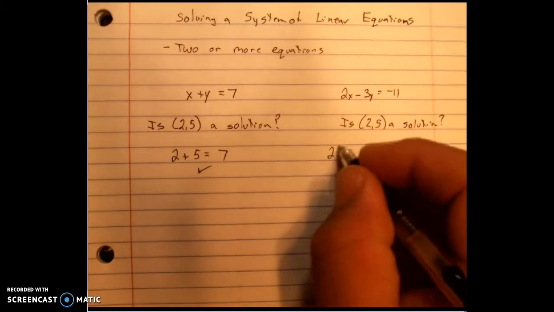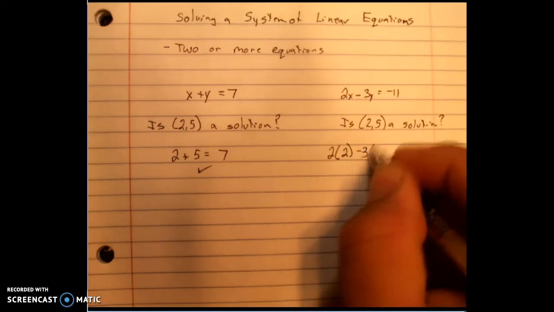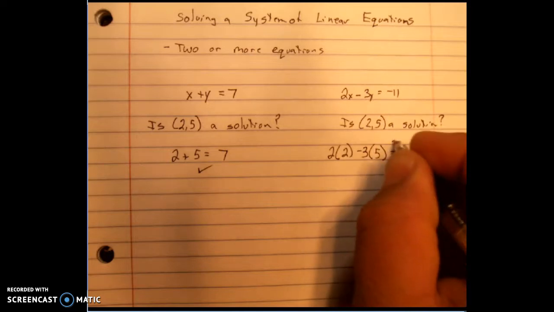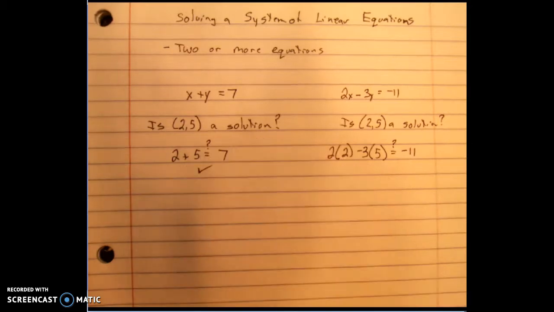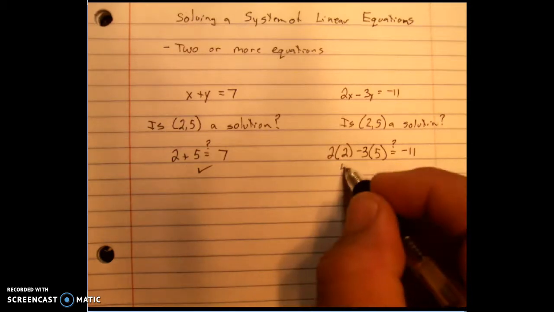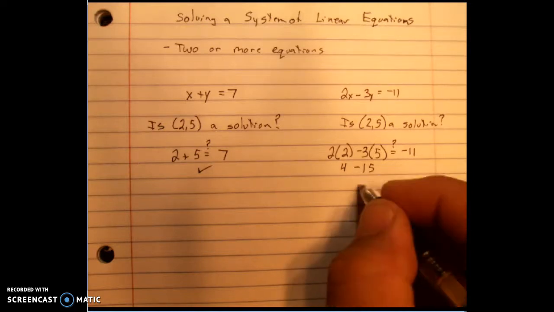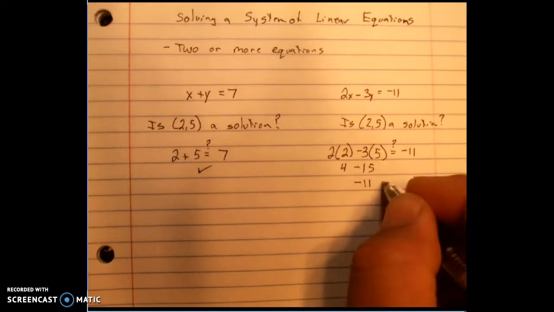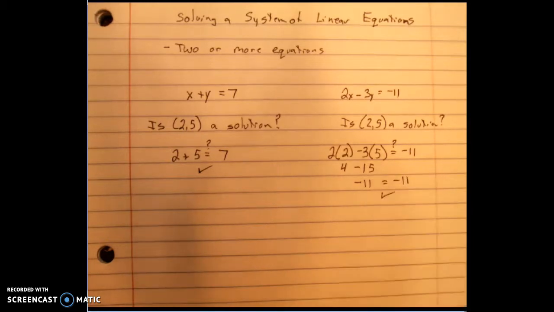So 2 times the x, which is 2, minus 3 times the y, which is 5. And my question: does it equal negative 11? That's 4 minus 15, which is negative 11. Negative 11 equals negative 11. The point (2, 5) is a solution to that equation.